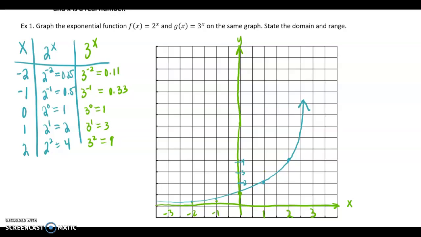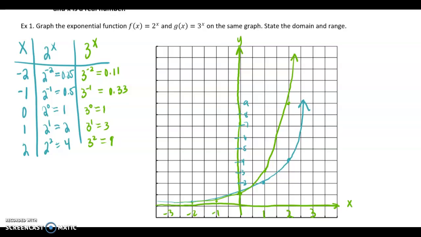Then we have 1, 3, and 2, 9. Alright, so we can tell that the 3 to the x is a little bit steeper than the 2 to the x.